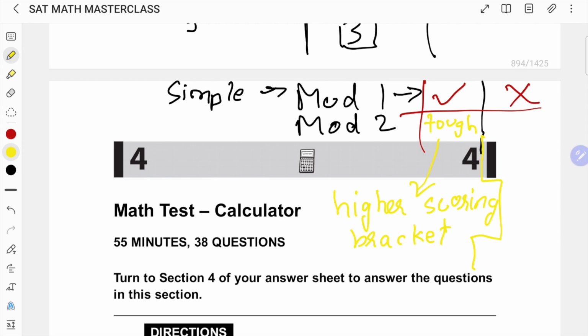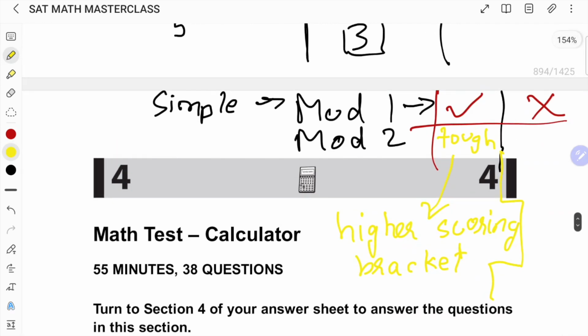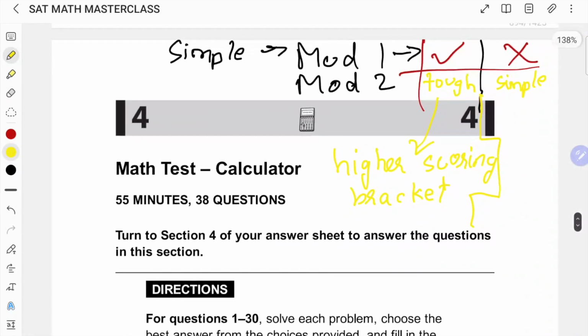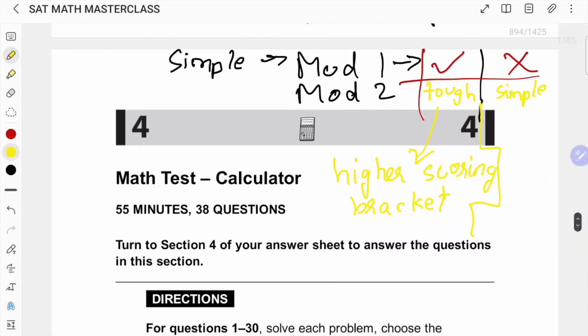Then in Module 2 you'll be given simpler questions, so it'll again be simple. Even though the official College Board does not tell you what exact questions will come in Module 2 in case your Module 1 goes badly, I'm pretty sure you'll be placed in the same scoring bracket.